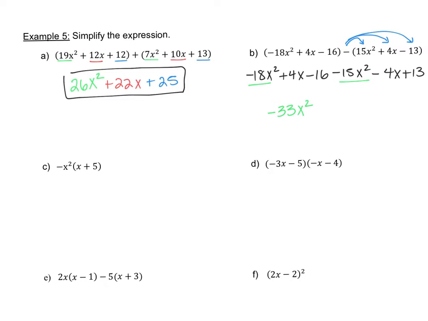The 4x and the negative 4x, the x to the first power, cancel because they have opposite signs but the same coefficients. So I don't have to worry about x to the first power. And then I have a negative 16, my constant, added to my positive 13, so that makes a negative 3 when I combine them. And these are not like terms, so this would be my final answer.